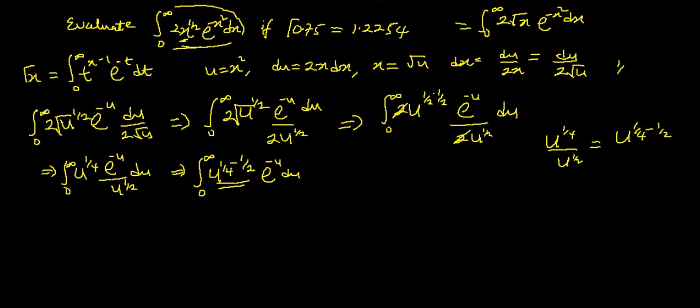So 1 over 4 minus 1 over 2 is going to give you minus 1 over 4. So that means you are going to have the integral from 0 to infinity of u raised to the power of minus 1 over 4 exponential minus u du.